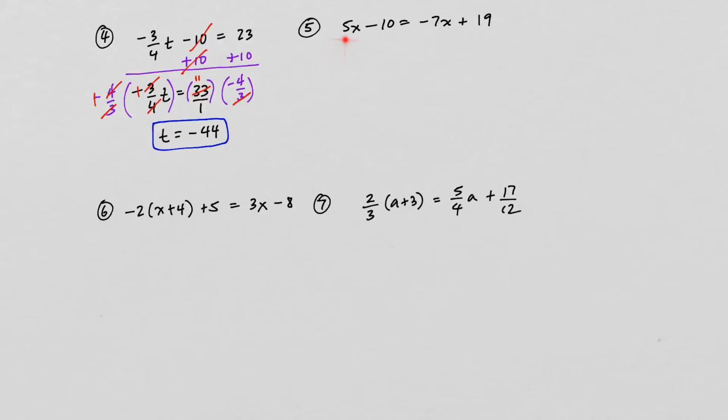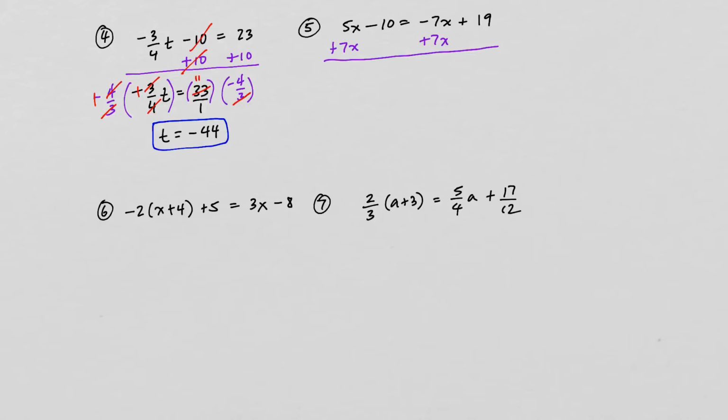I could either subtract 5x to cancel these, or I can add 7x to cancel these. I'm going to choose to add 7x to both sides. And notice that when I add 7x, I'm making sure that I line it up with the other x term, because you have to combine like terms.